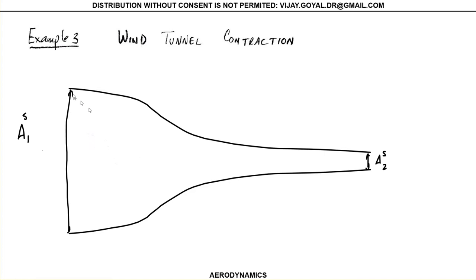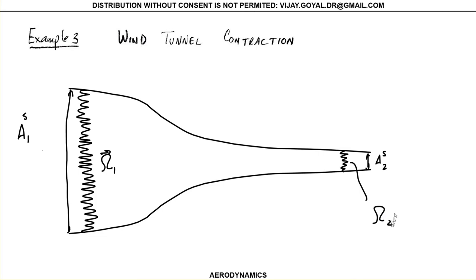So what I'm going to do is, I have a vorticity that's being created here, and I'm going to call that vorticity omega 1. Now, as a consequence of that reduction, I'm going to have another vorticity, omega 2. And the question would be, what is the value of that omega 2 in this test section?